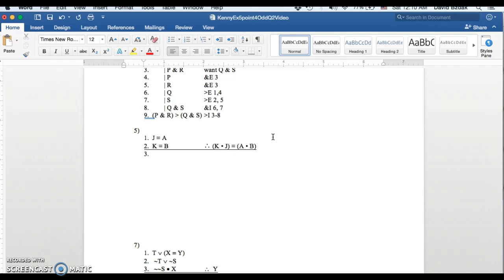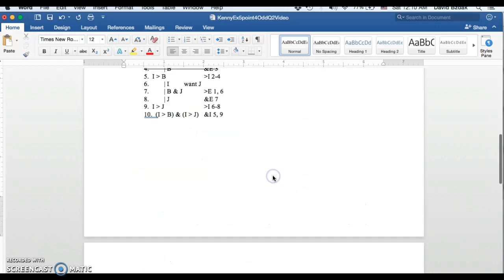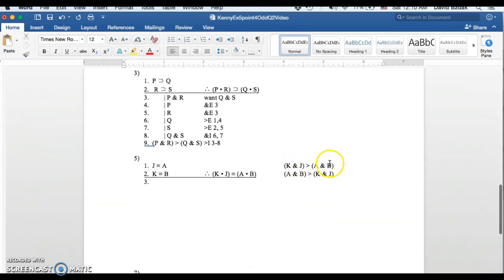So if we had K and J conditional A and B, and we also had A and B conditional K and J, right? Then according to the biconditional rule, if we have P then Q and Q then P, we can get that biconditional.